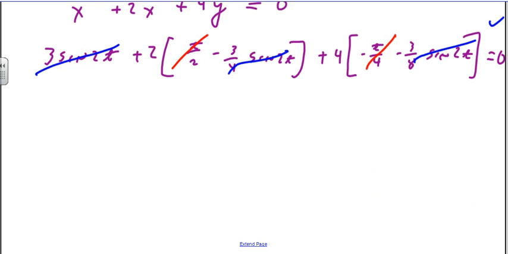Okay, I'm almost done. Now I've got to check the y double prime guy. Y double prime plus x plus 2y has to be 0.